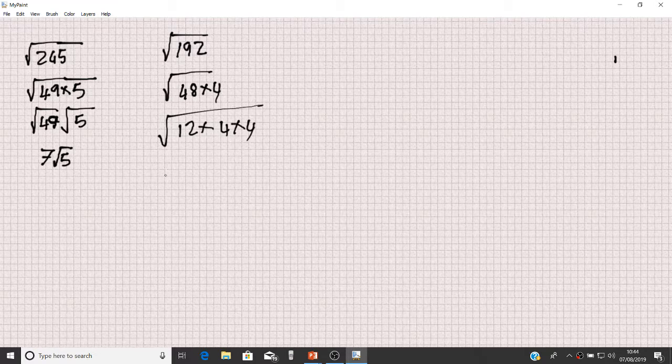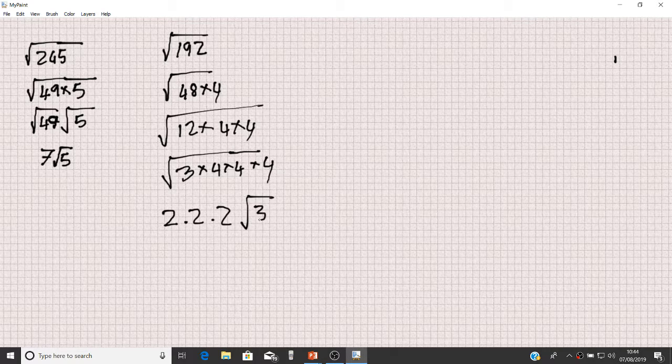And we know 12 can divide down again by 4, which will be 3 times 4 times 4 times 4. And so we know the square root of 4 is 2, so we can have 2 times 2 times 2 times root 3. And that gives me 8 root 3.